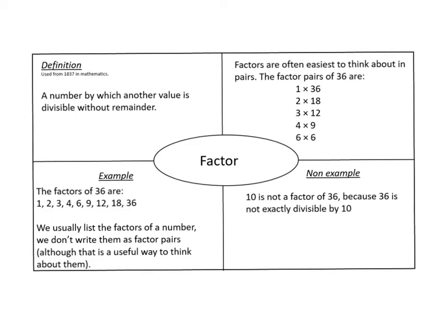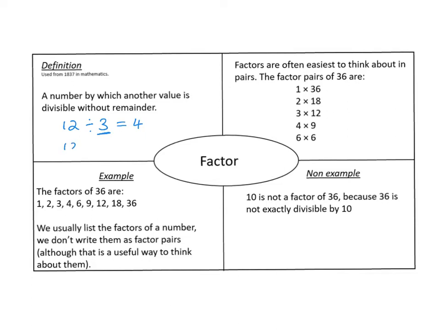So the definition of a factor is a number by which another value is divisible without a remainder. So it means, and I'll do it with the number 12 again, I can do 12 divided by 3 and I get 4. That means 3 is a factor of 12.